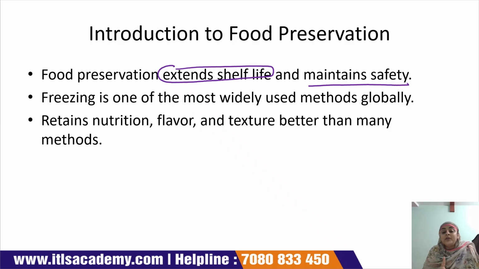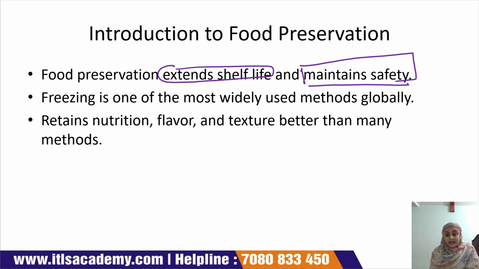Food preservation does not only mean that we have to extend the shelf life, but along with it we also have to maintain its safety, meaning that when a consumer consumes that food product, the food should be safe.